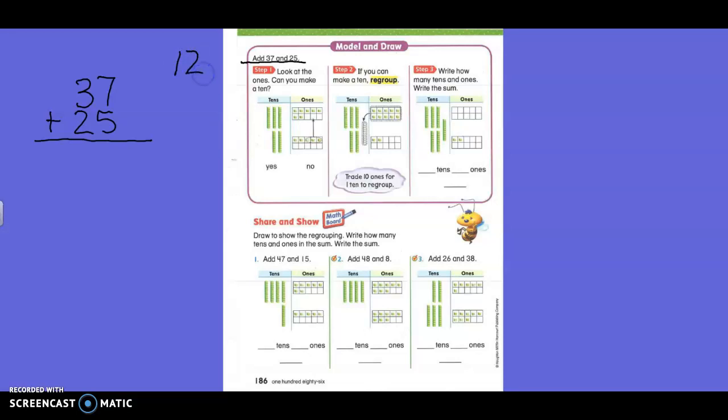Now remember 12. The 2 is the 1s. The 1 is the 10s. So where am I going to put the 2? Landon? Below the 5. Where am I going to put the 1? Ivan? Below the 2?